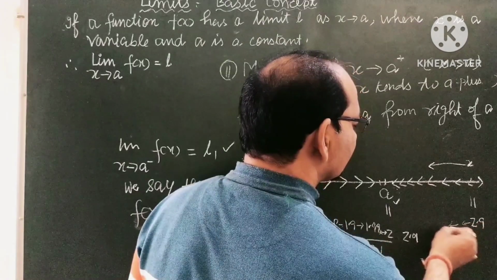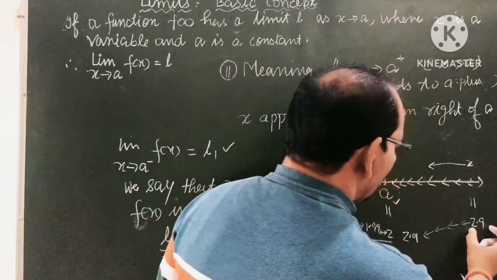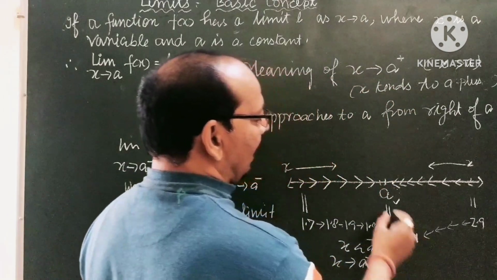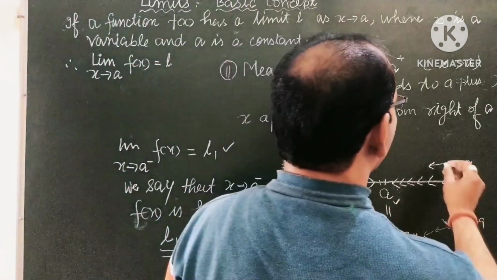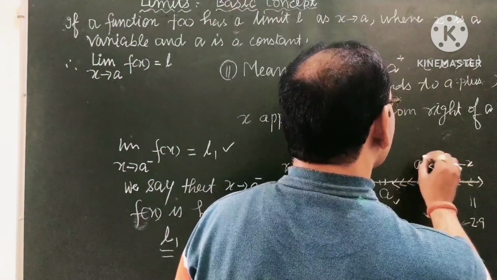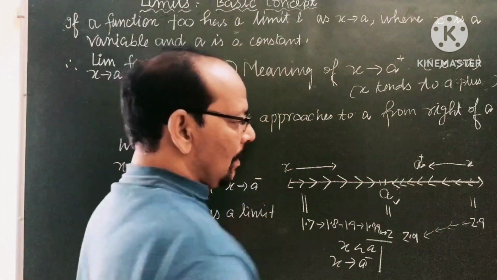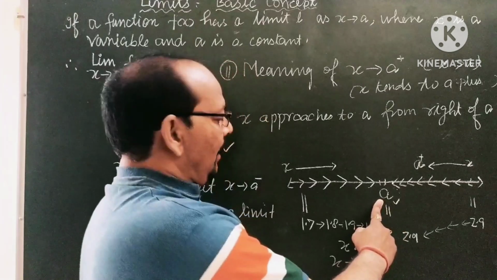From this, here is the greater value, and both values are greater than a. Therefore, we can say that here is a plus. x tends to a plus, and x comes from the right to near a.